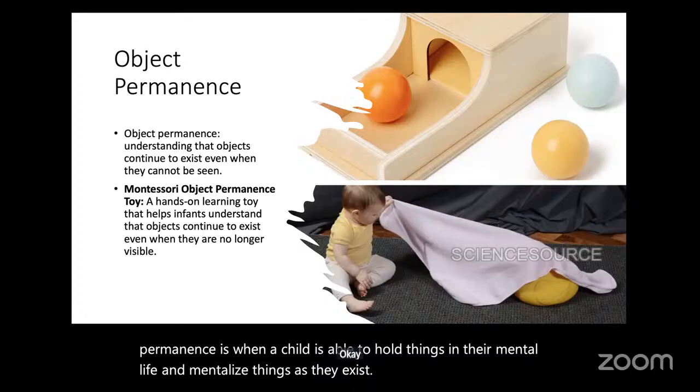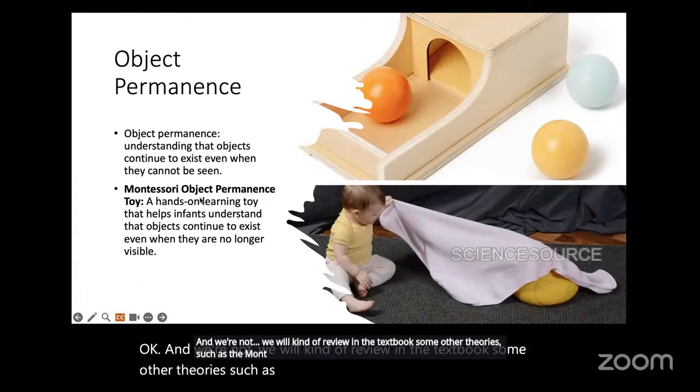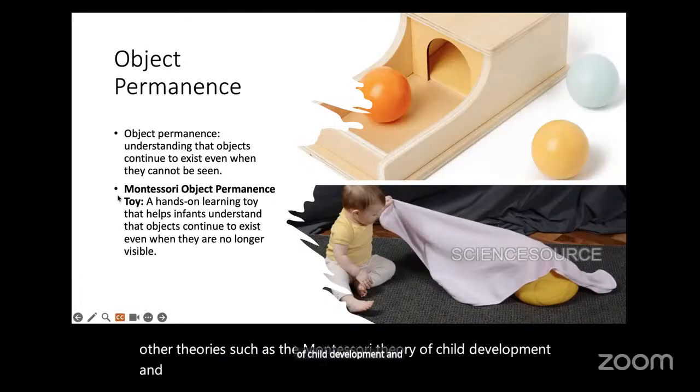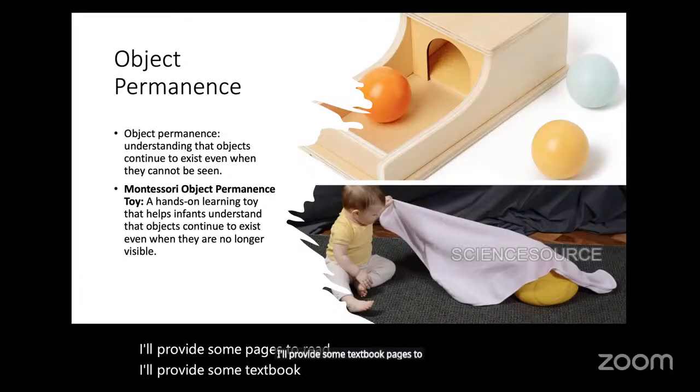And we will review in the textbook some other theories, such as the Montessori theory of child development, and I'll provide some textbook pages to read on these other theories.